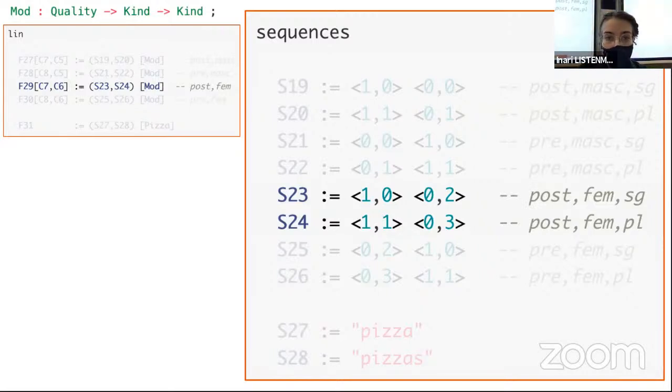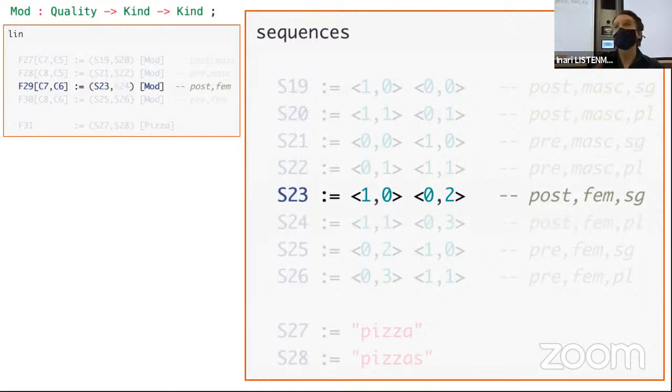So S23, 1.0, 0.2 builds a new string. It takes the first string of its second argument and the third string of its first argument. This is very confusing, so let's just look at an example.